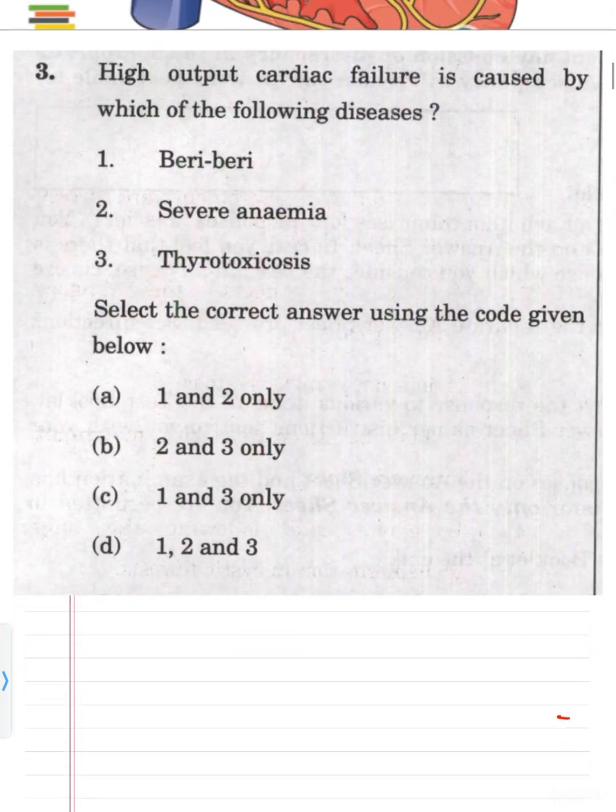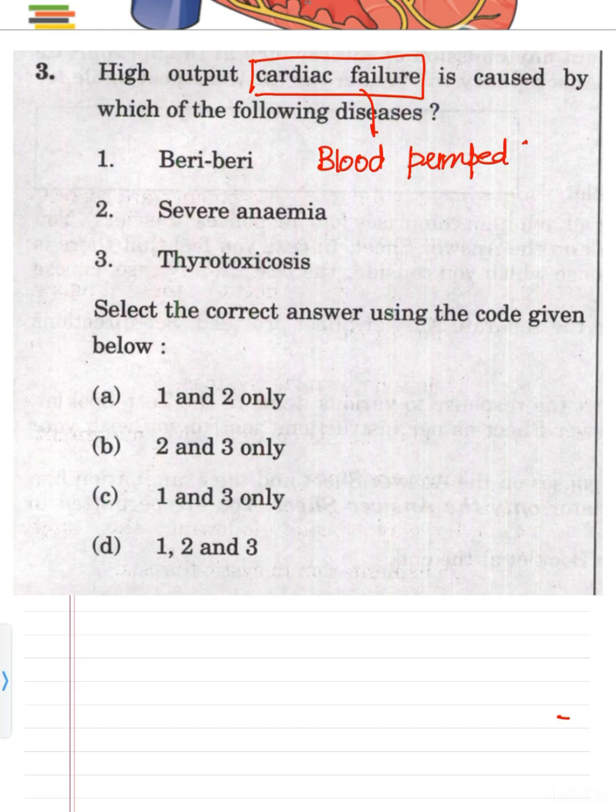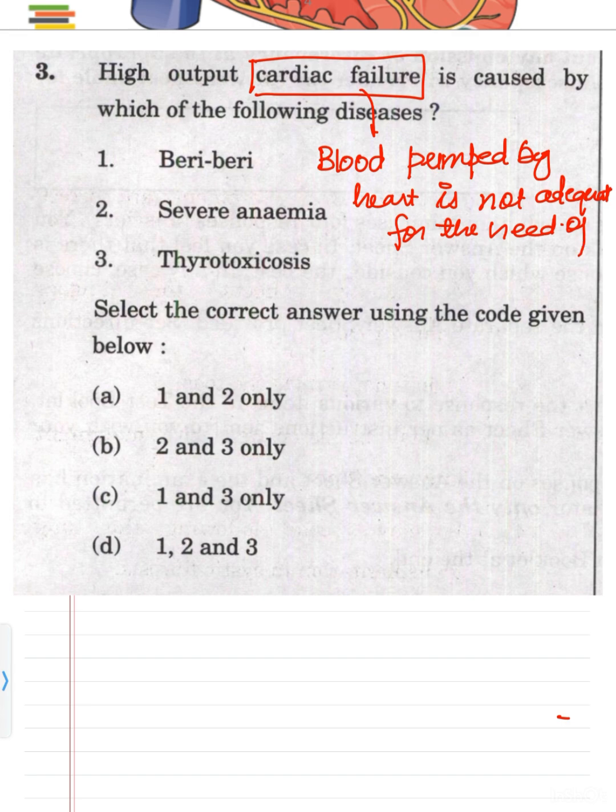Now, high output cardiac failure is caused by which of the following diseases? So what is cardiac failure? Cardiac failure is a condition in which the blood pumped by the heart is not adequate for the needs of the body.